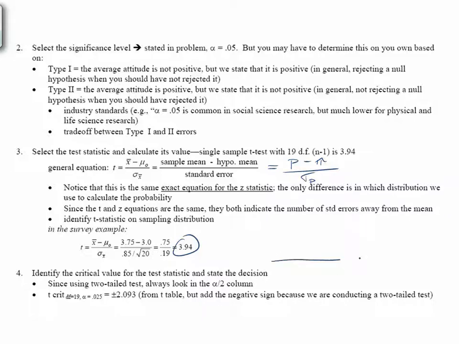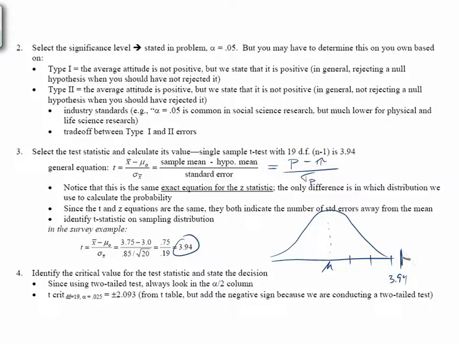If we imagine this on a normal distribution, where here's our expected mean, we go 1, 2, 3. We can see that 3.94 is actually quite a bit higher than the mean.